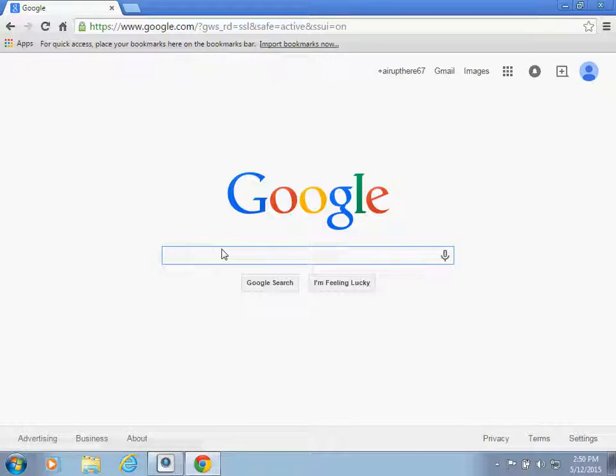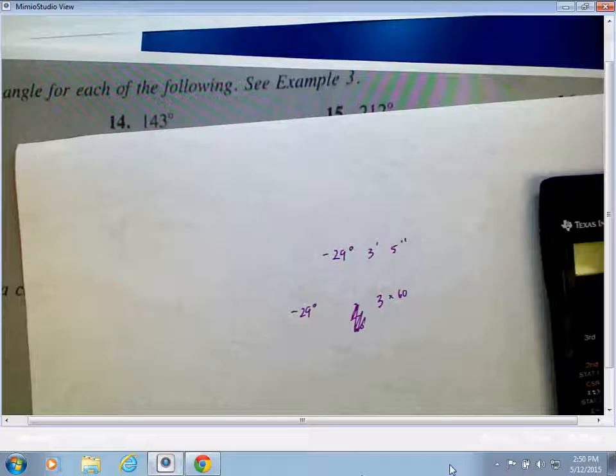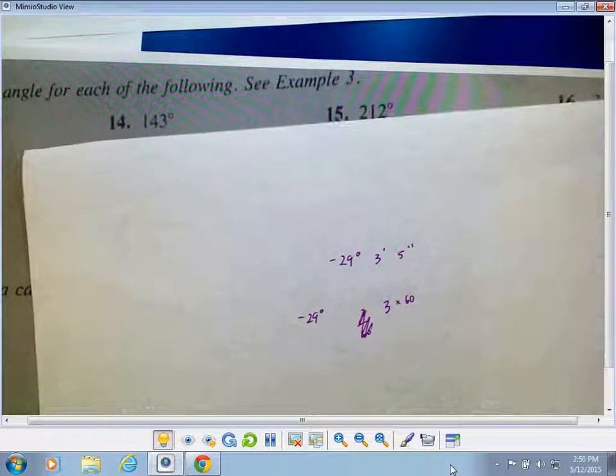I'm thinking you divide that by 60. That makes sense. Yep. Alright. We're not even going to have to look it up. We can do this without looking it up. That's dumb. I should know better than that.